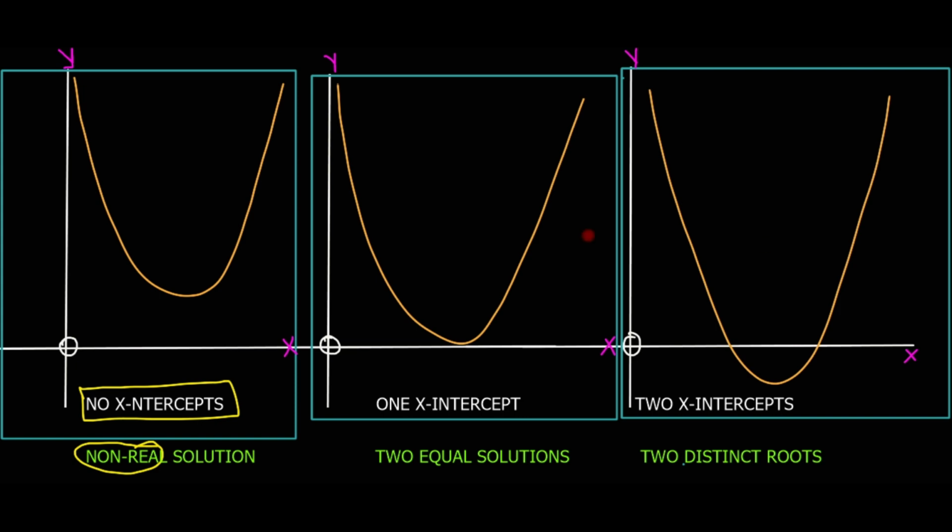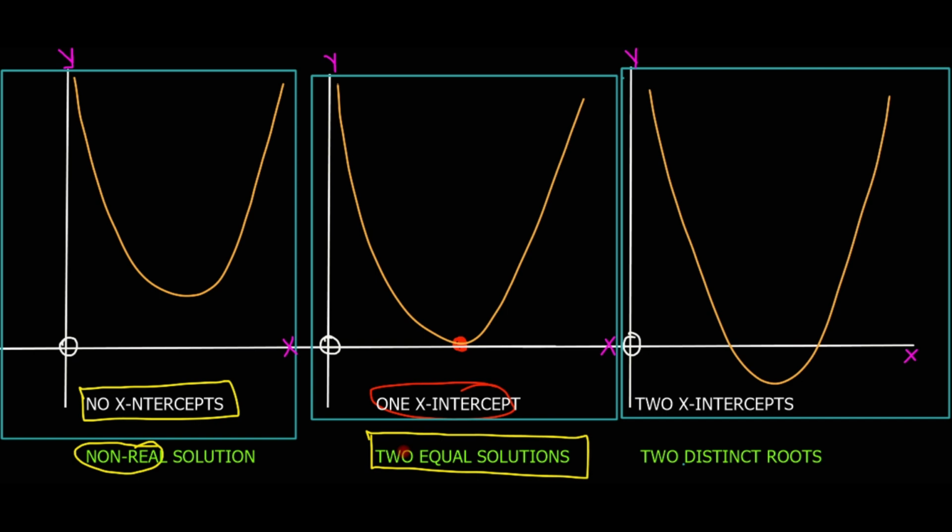And then a second case whereby you can see that this parabola intersects with the x-axis at one point. So we have one x-intercept, and then in this situation we are saying we have two equal solutions.